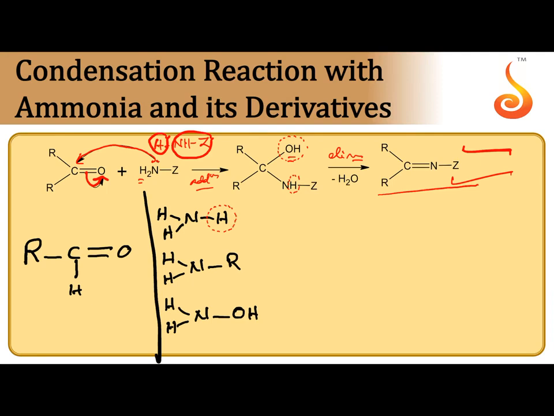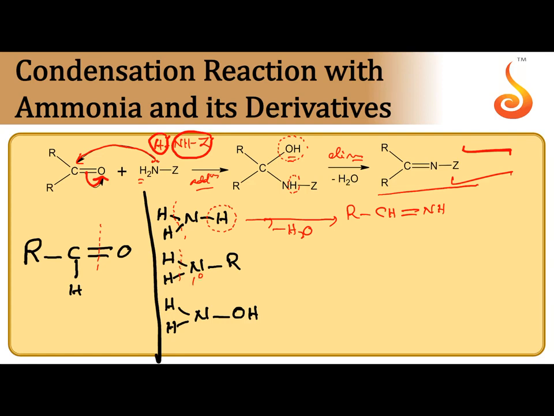If hydrogen is there in place of Z, oxygen and 2 hydrogens of nitrogen are removed in the form of H2O. Then the condensed product is RCH=NH. This is aldimine.